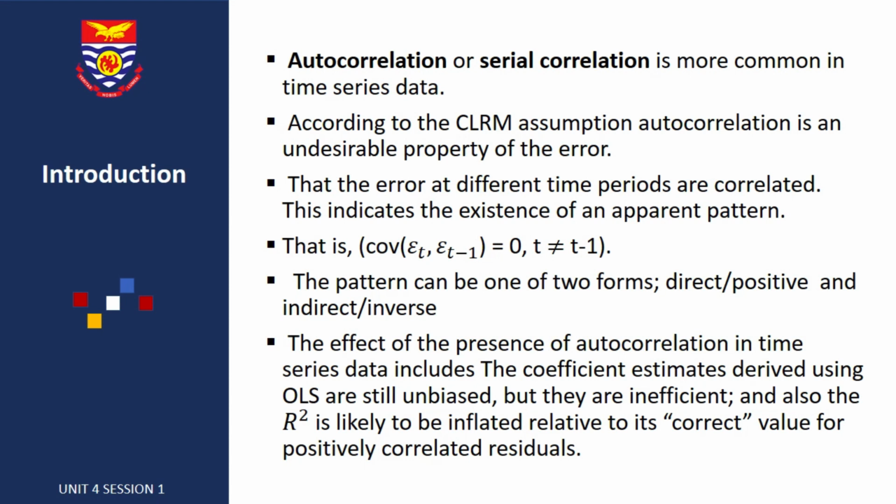The fact that this is undesirable indicates that with respect to serial correlation or autocorrelation, we want to see the absence of it in our series, that is in the error term as well as the explanatory variables. So the error at different time periods being correlated is not desirable.